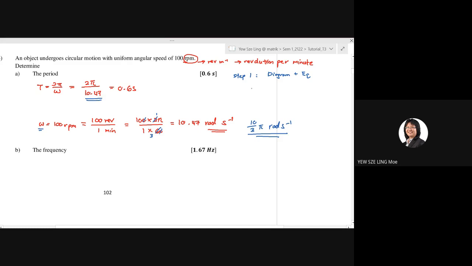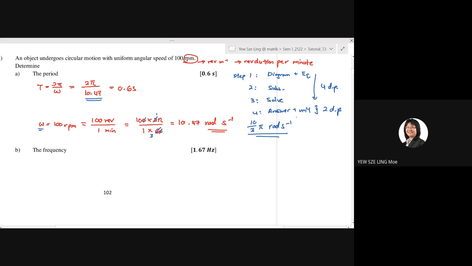Step 2, substitution. Step 3, you solve it. Step 4, we make sure we have a correct answer plus unit. From step 1 to step 3, we leave our answer in 4 decimal places, and just in the final step, you round up to 2 decimal places.